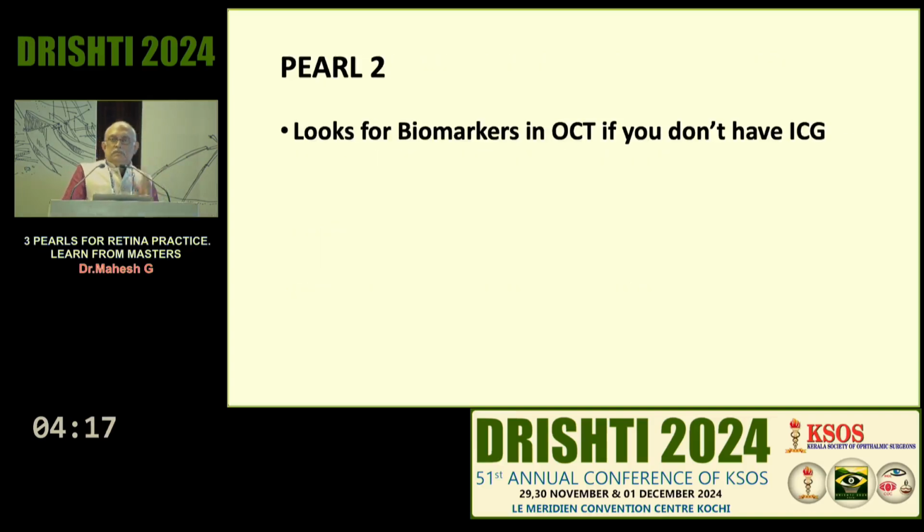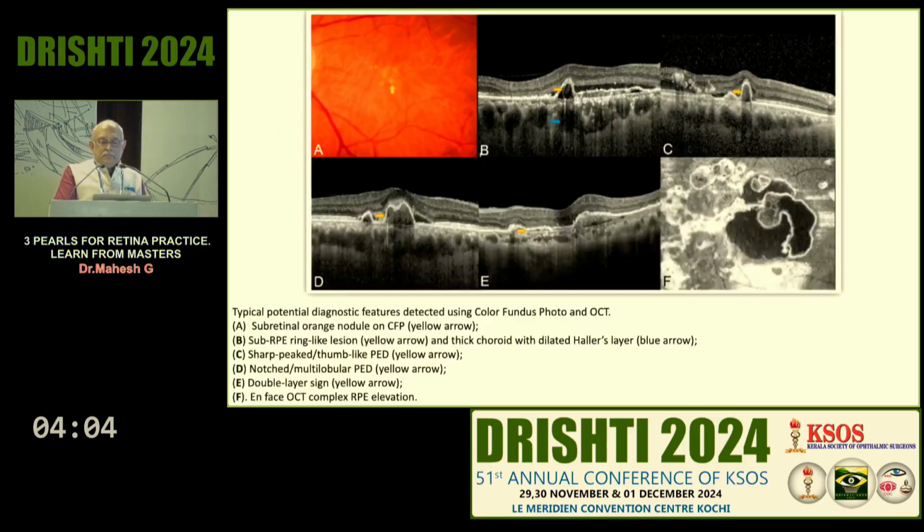Now the second pearl: how do you know which is PCV and which is neovascular AMD? You look for biomarkers. Even though the gold standard for diagnosis is ICG, many of us will not have ICG, so look for the biomarkers. These are standard things. An orange nodule in the clinical photo. Then the PED: a tubular PED, thumb-shaped PED, sharp-peaked PED, notched PED, and the double layer sign.